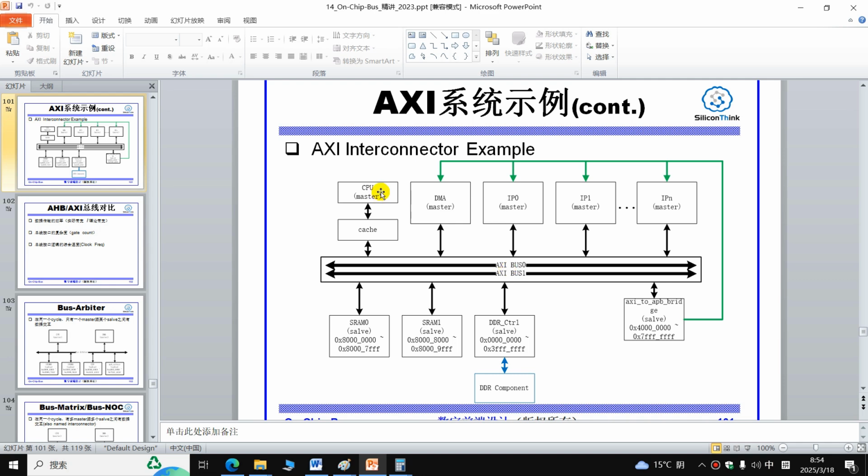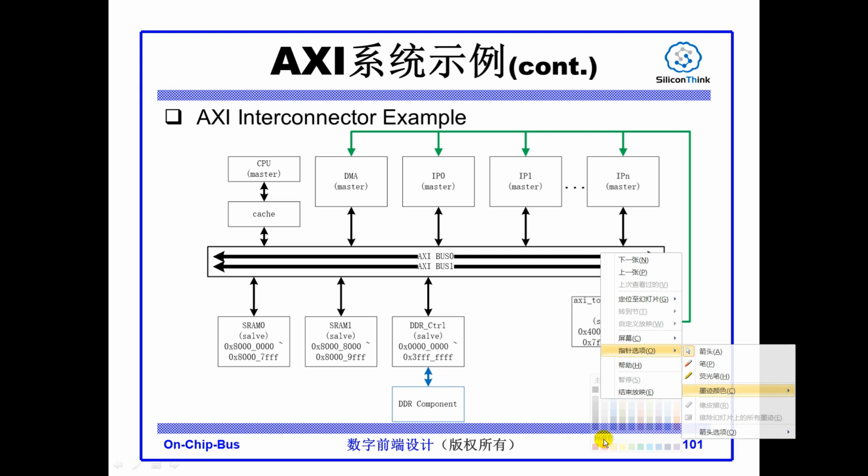So when the CPU wants to copy some data, it first configures the DMA information to the DMA, or stores the information in some other space, such as the SRAM or the DDR space. Then it will trigger the DMA to work.